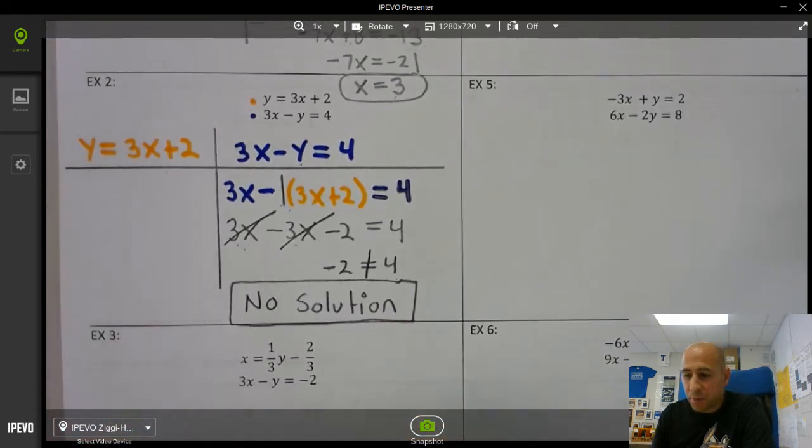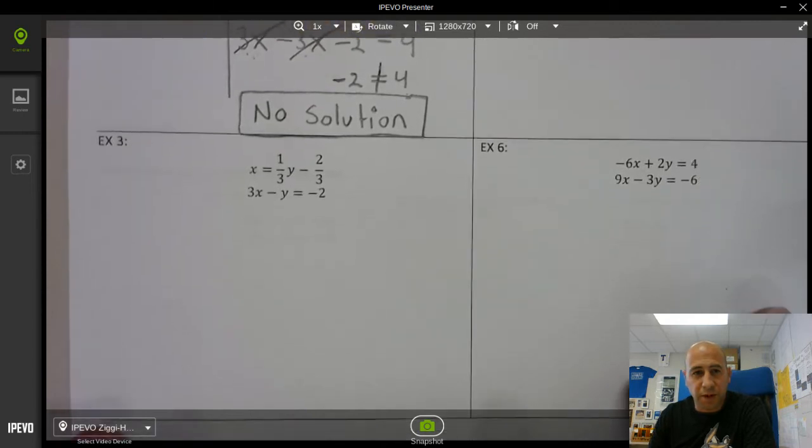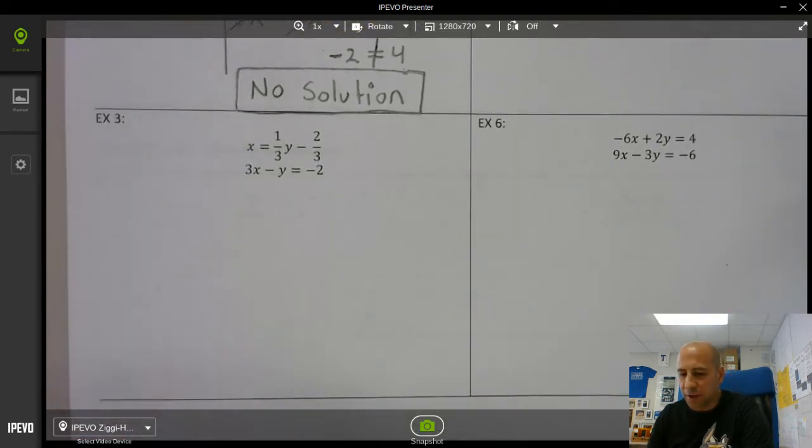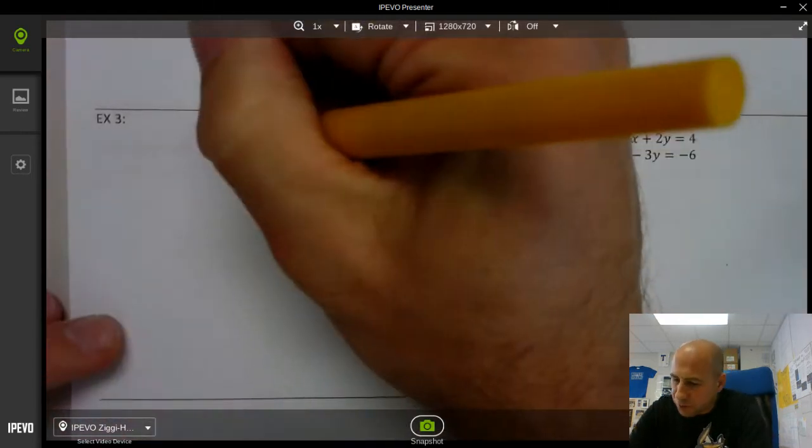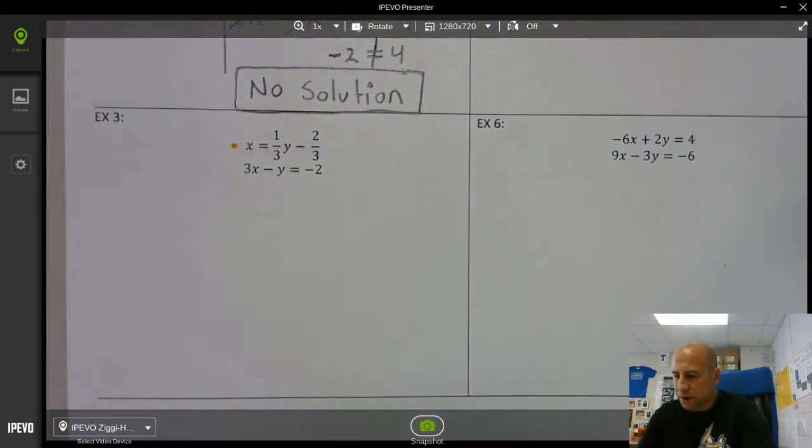All right, now by now I'm hoping you realize the organization process here. We did one solution, we did no solution. So we're assuming that example 3 is going to be infinite solutions. So let's see what that looks like. All right, and again, first step color code. So the first one's yellow, second one's blue.